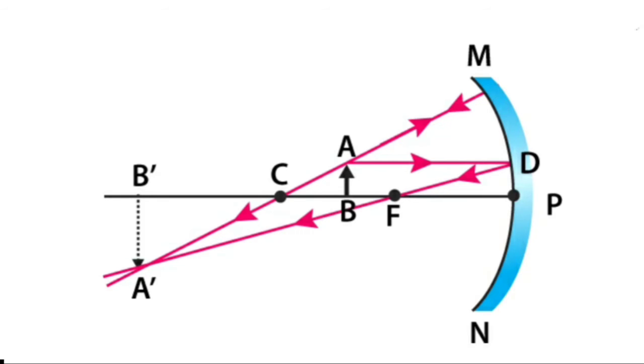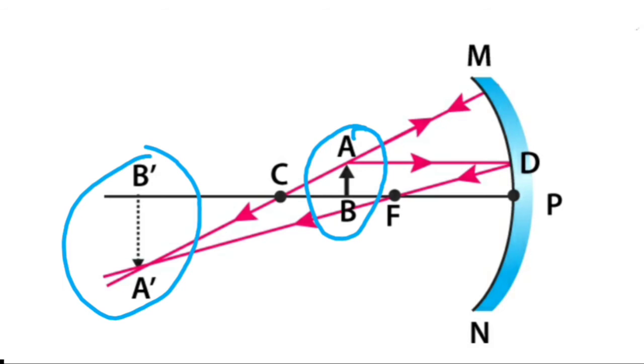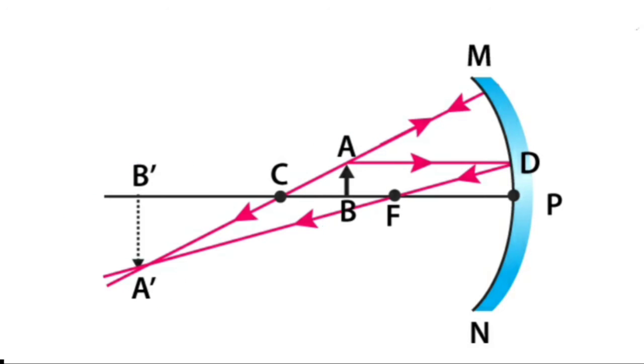And if you look at the size, AB is smaller compared to the size of the image A dash B dash. That means the image is enlarged.